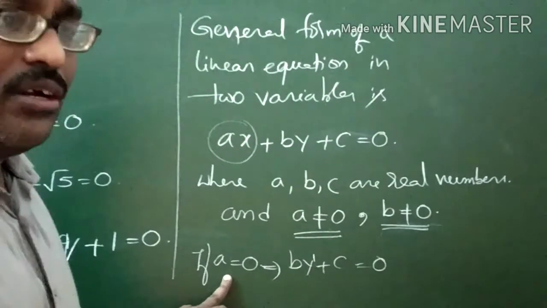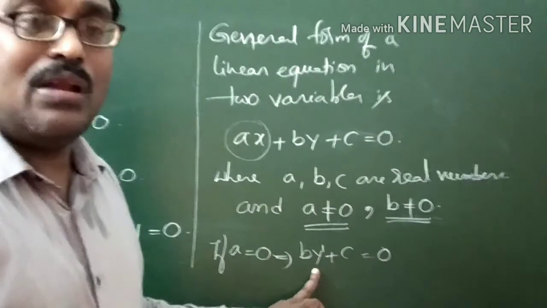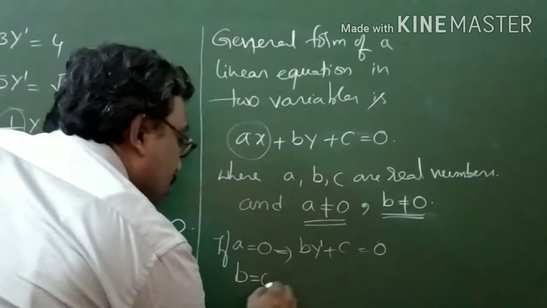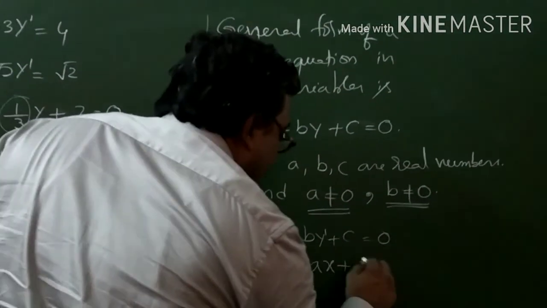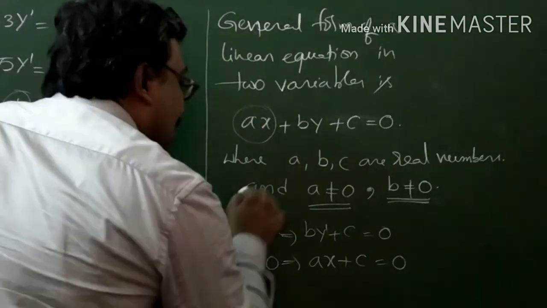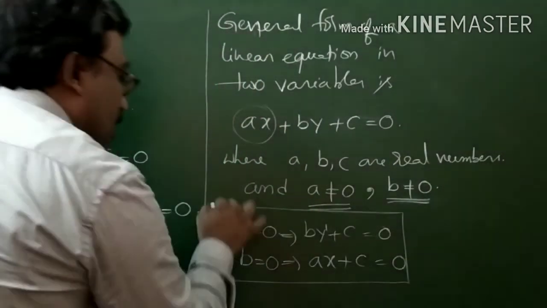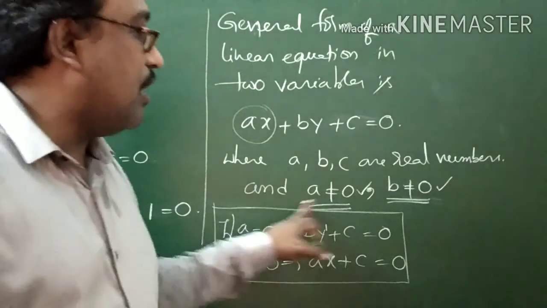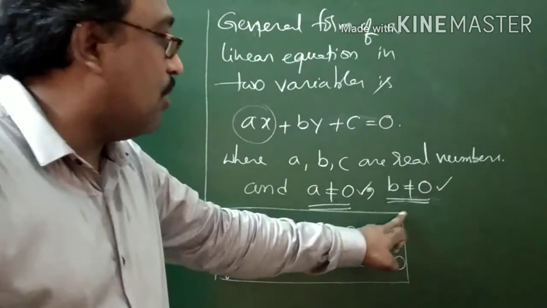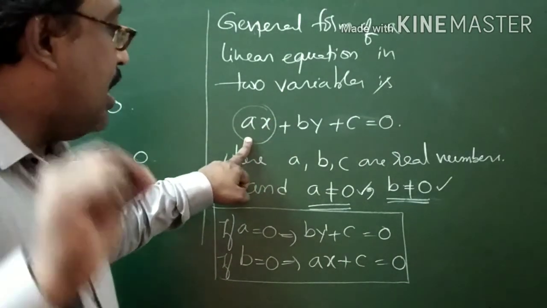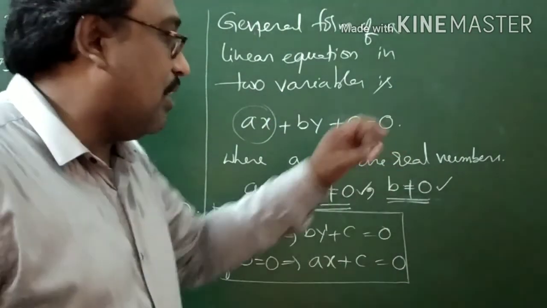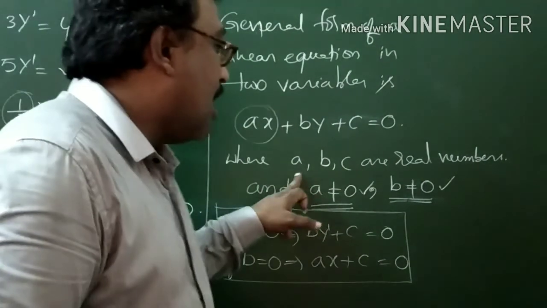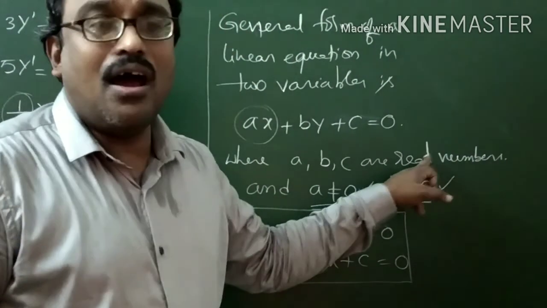If a is equal to 0, the equation becomes a linear equation in one variable. If b is equal to 0, it again becomes one variable only. That's why a and b should not be equal to 0. Then only we can say ax plus by plus c is equal to 0 is a linear equation in two variables, where a, b, c are real numbers.